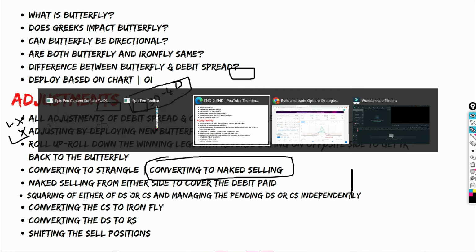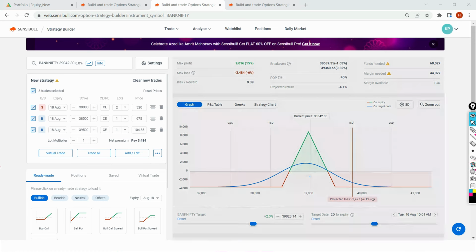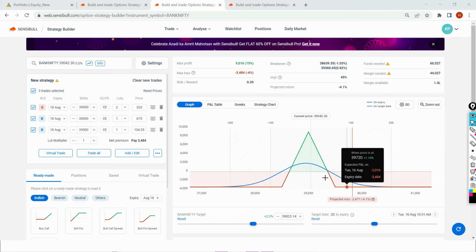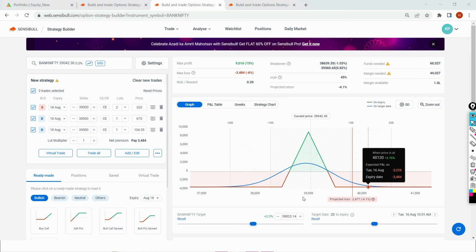Naked selling, this is one of my favorite. It's simple, friends. One of the simplest adjustments of your butterfly is that you have to just cover this loss. Let's say your testing side is this, and you have to cover, let's say, 3000.